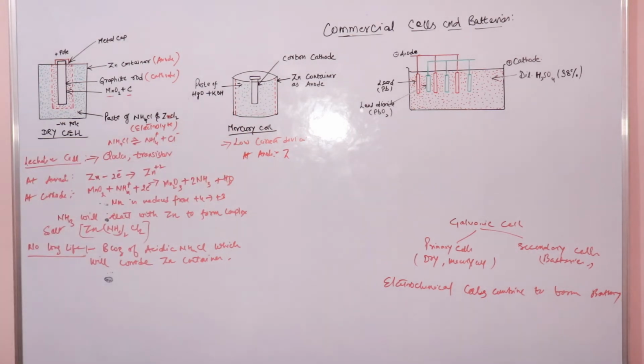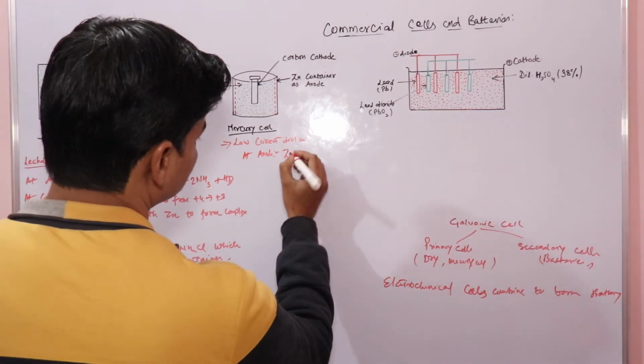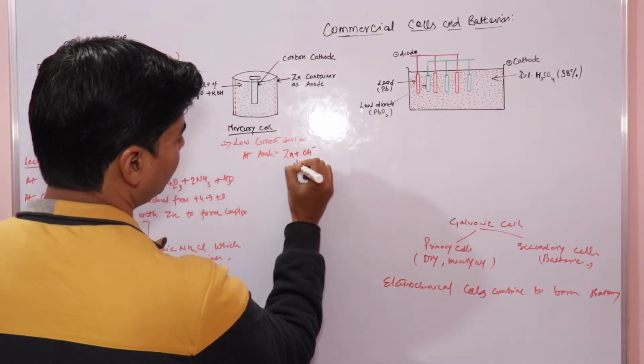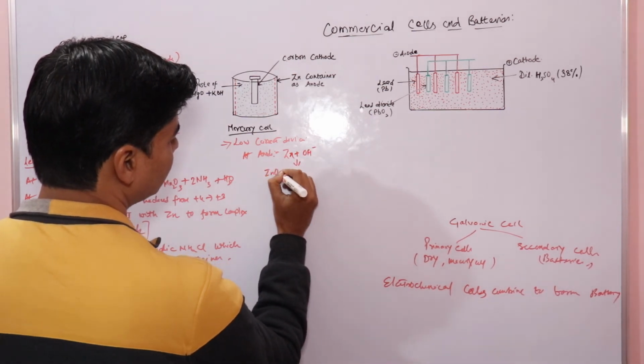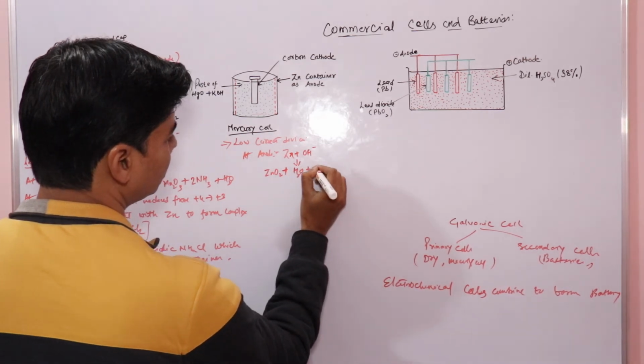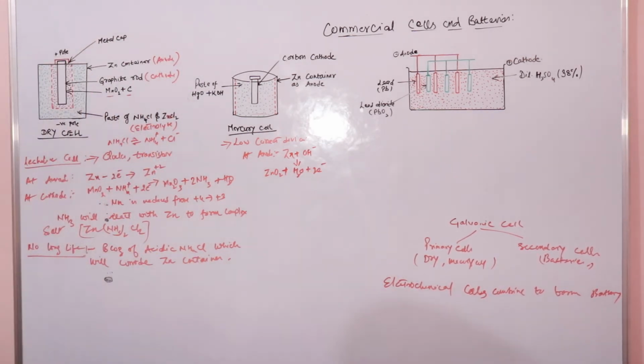So zinc will combine with hydroxyl ions to form zinc oxide, water, and 2 electrons, which will be lost from this zinc metal.